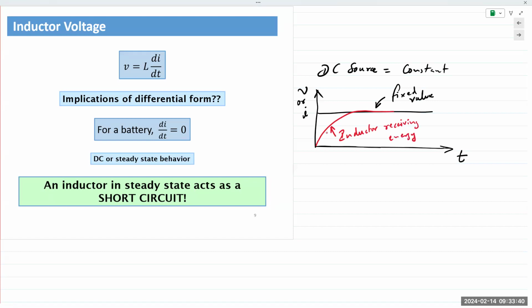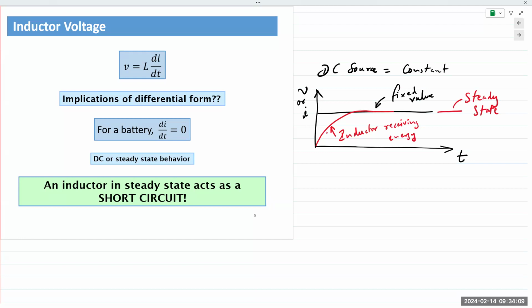Once it reaches the max value, that max value is known as steady state, because the value for the voltage is at a steady level. So anytime we apply a DC voltage or current to a capacitor or an inductor, we say that it will reach steady state.